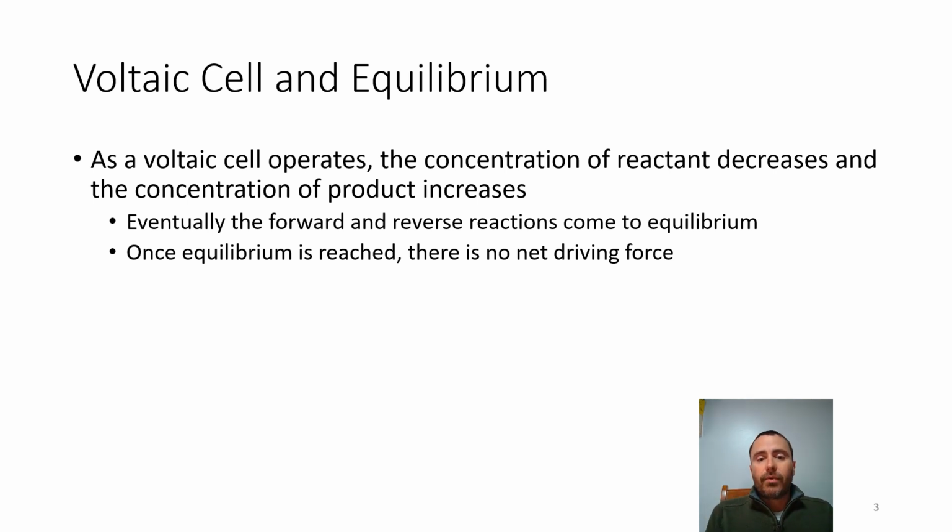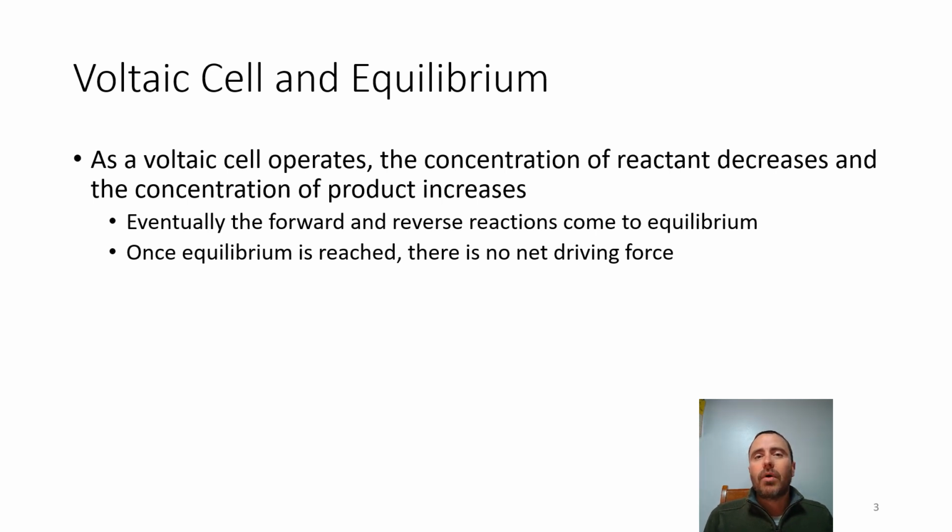And so when the forward and reverse are at the same rate and we're at equilibrium, then nothing is occurring that we can measure. Yes, the reaction's still going forward and still going in reverse, but they're going at the same rate, and so we don't see any net driving force for that reaction to be happening.